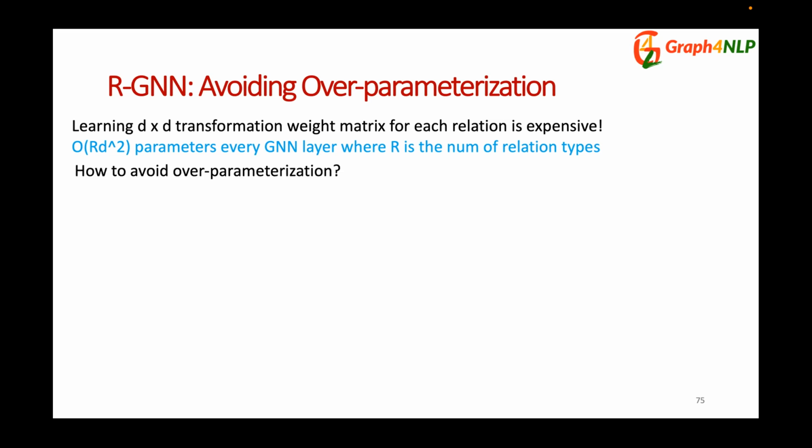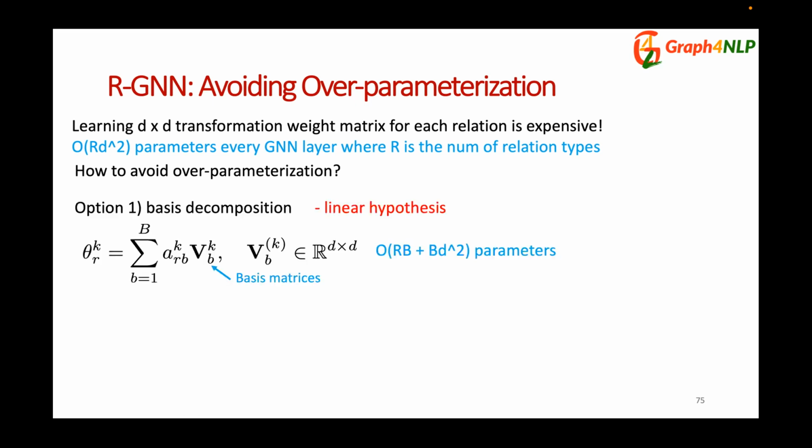So there are two common ways to avoid this kind of over-parameterization of RGN. One is to introduce basis decomposition, which regards the relation matrix as a linear combination of some shared bases. This can be seen as a form of weight sharing between different relations, and that can largely reduce the number of parameters we have.